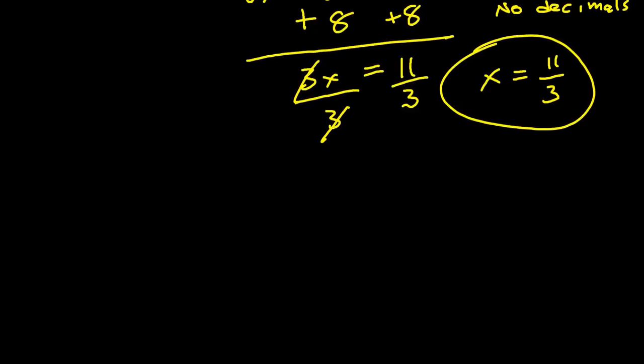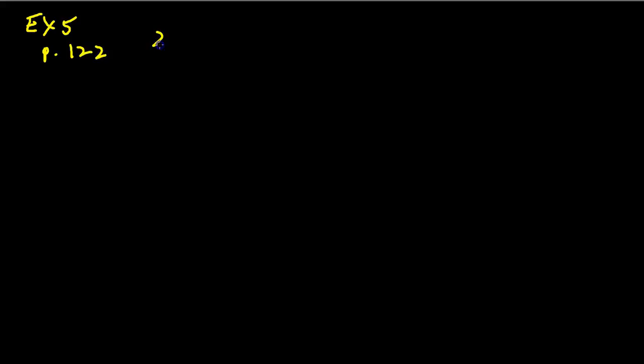Let's look at example 5. I'm out of room. Let me get another screen. Example 5. This is also on page 122. 3p minus parentheses 2p plus 5 equals 7.